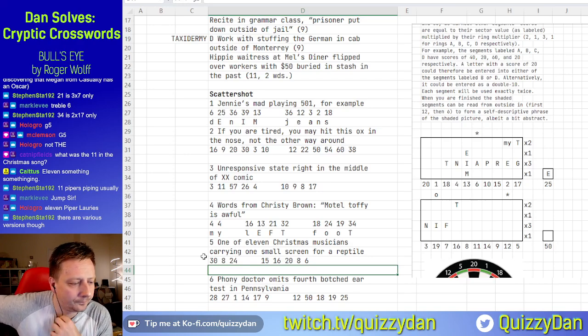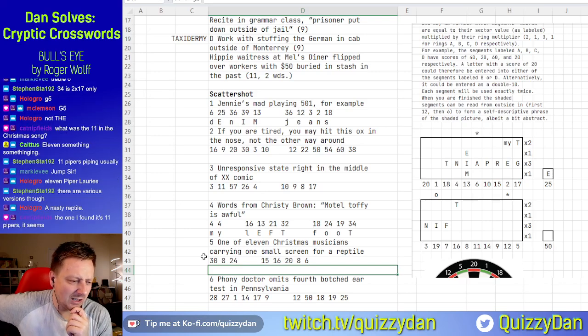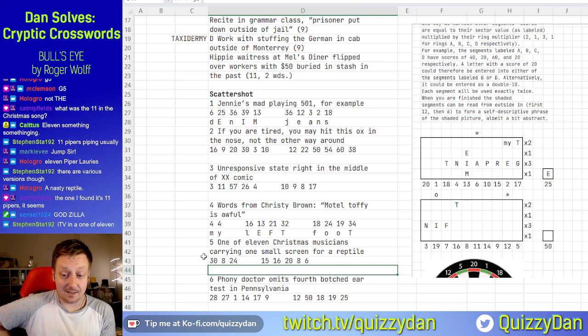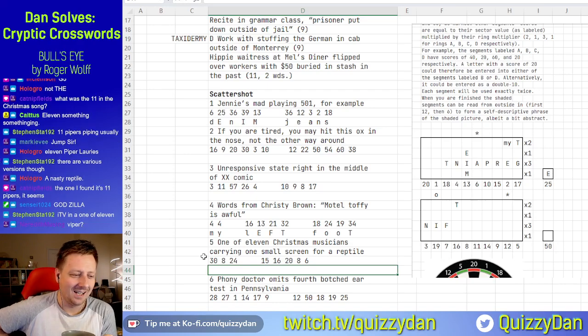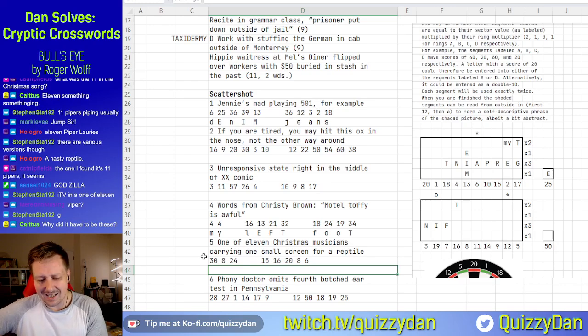A nasty reptile. Matt Hancock? Not enough letters. The one I found is 11. Godzilla. Yes. Carrying 1, so that'll be I for 1 and S for small, and probably SS actually for small screen. So we're going to put ISS in Piper.